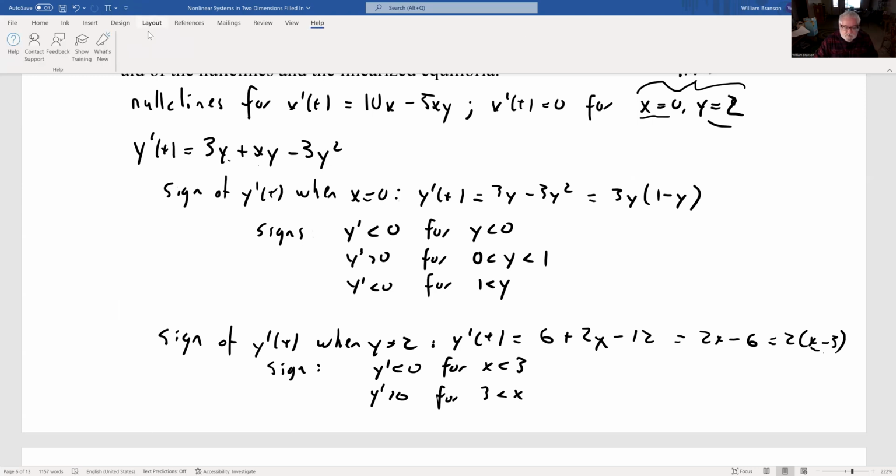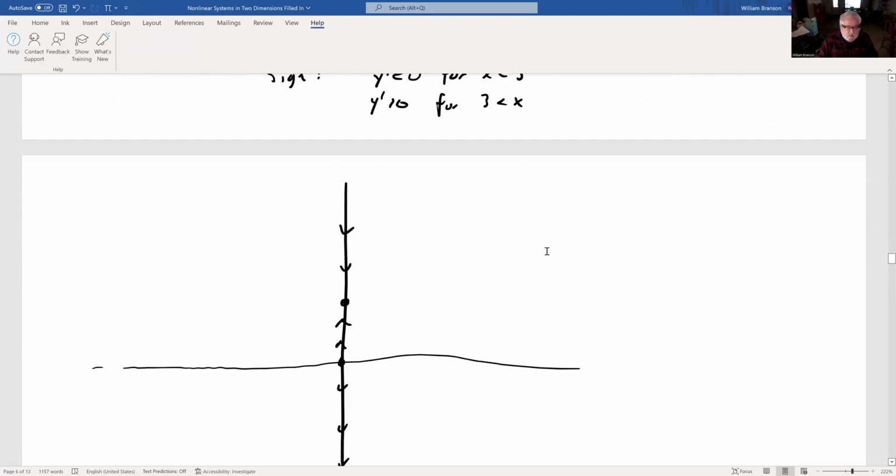So y equals 2. That's y equals 1. y equals 2 is up here. Remember, we have another equilibrium out there. And there's our nullcline.